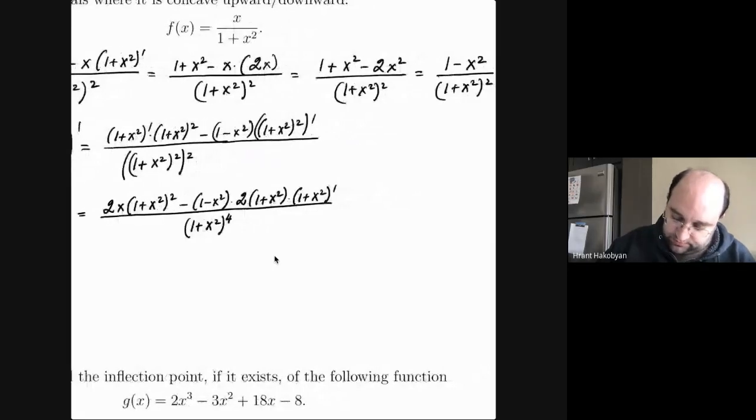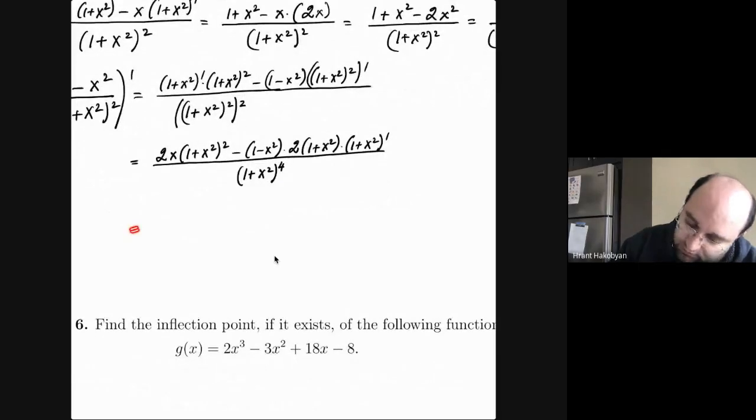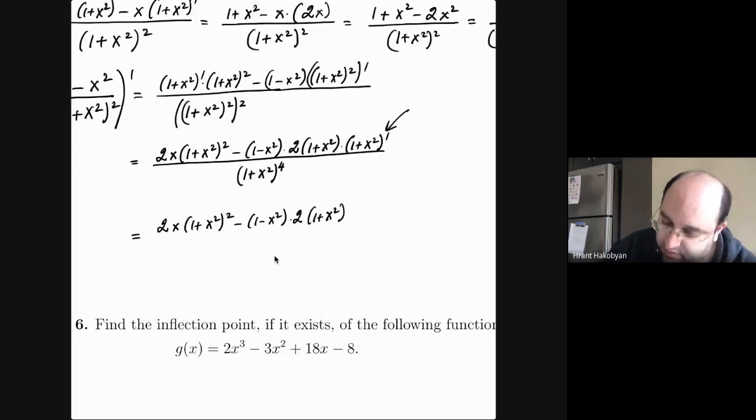So it's going to be equal to: I have 2x times (1 plus x squared) squared, minus (1 minus x squared) times 2 times (1 plus x squared) times, and the derivative of this expression here is just 2x, so times 2x.